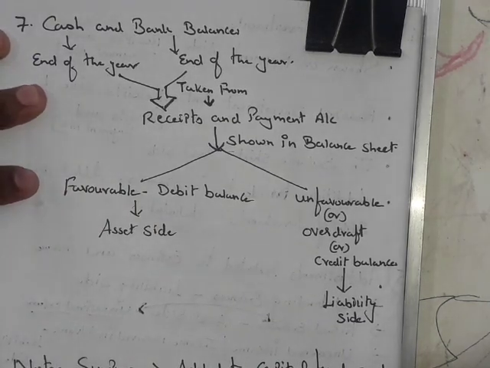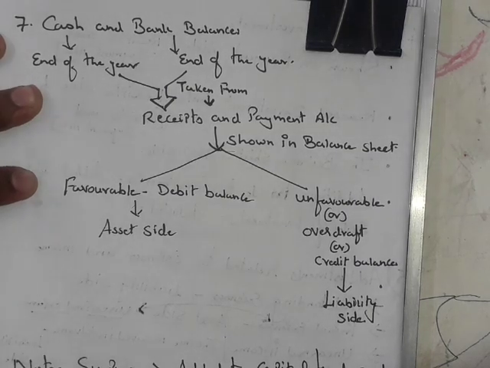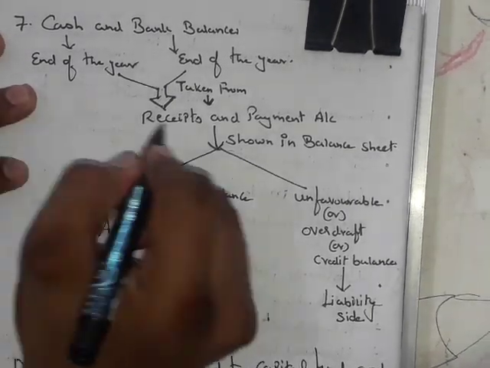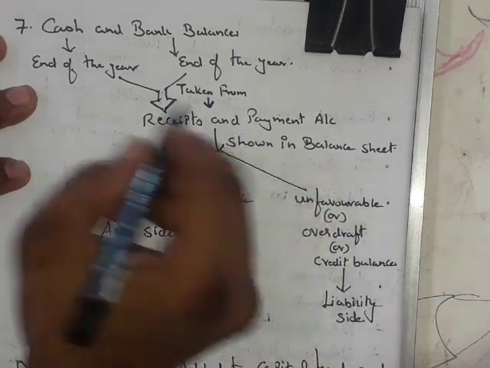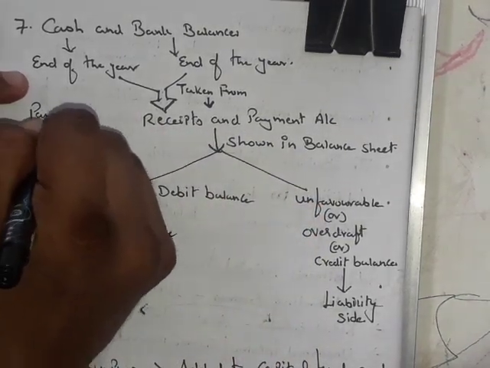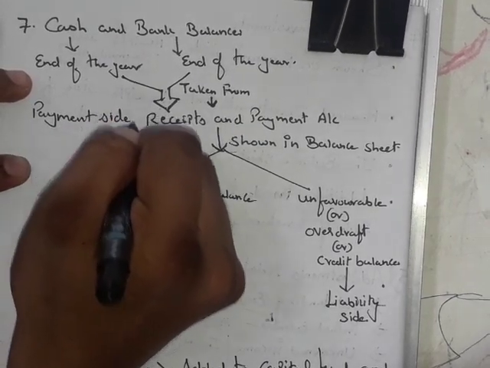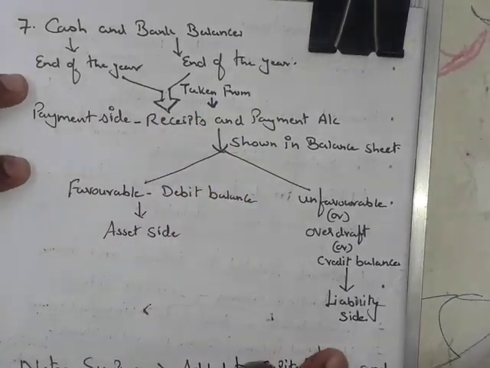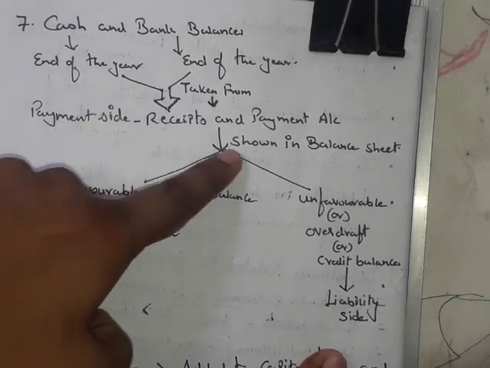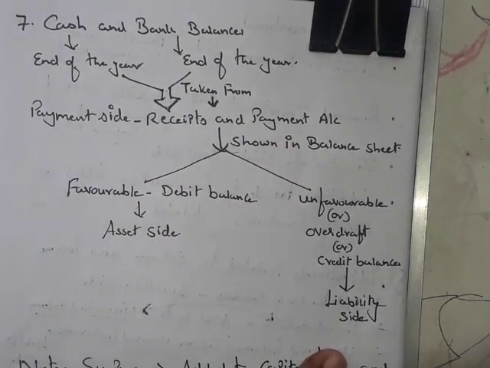Which side will it appear on? It will appear on the payment side of your receipts and payment account, the closing balance.